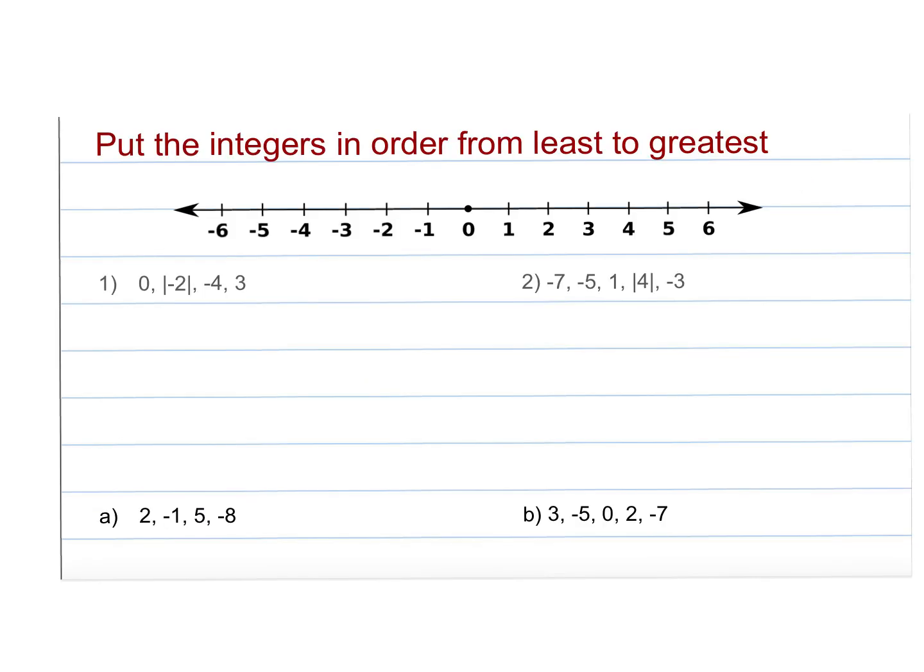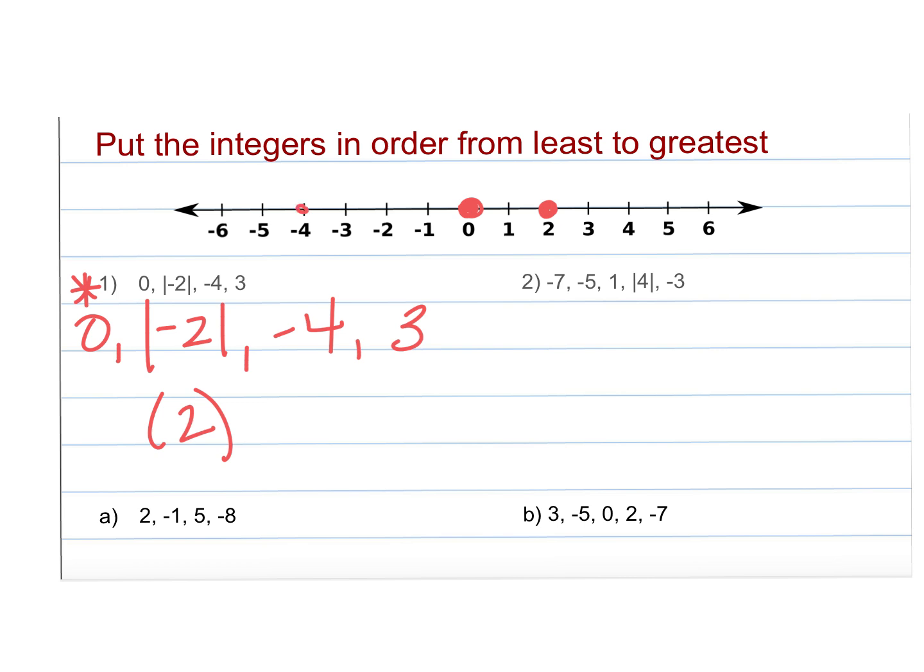And then lastly, we're going to put some of these integers in order on the number line from least to greatest. So let's just look at a couple of these sets of integers. Let's look at this one. We have 0, the absolute value of negative 2, negative 4, and 3. I'm going to put these all on the number line. 0. And then the absolute value of negative 2, remember, is just 2.